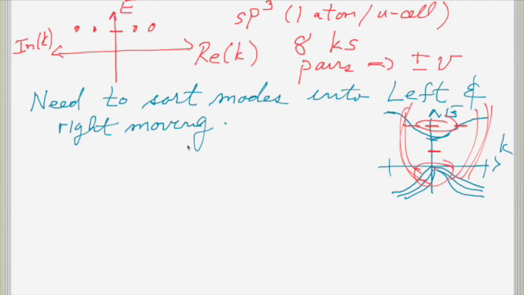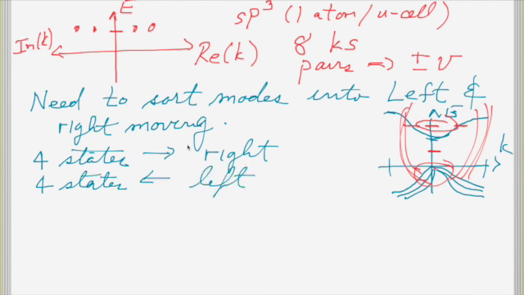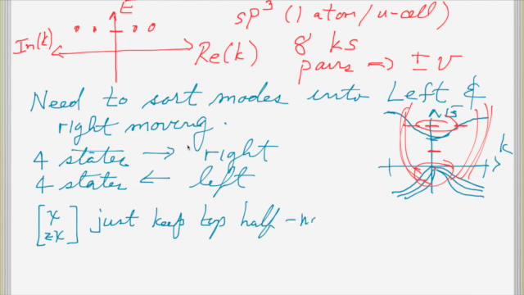So let's talk about how to do this. But first, let's just write down a few things. In this case, you get 4 states going right, 4 states going left, and for the chi's, for the chi that you get, you only keep the top half, and normalize so that you have chi_m over chi_m.